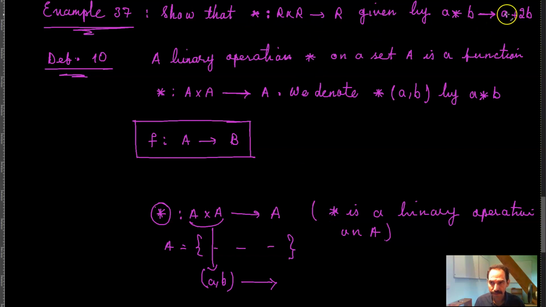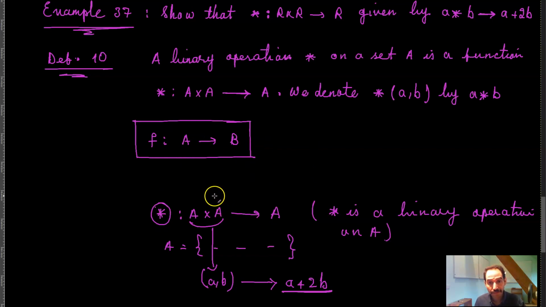For example, in this case it is A plus 2B, meaning that any A and B that you pick here, A is added to 2 times B, and that becomes the image of A comma B under this rule, right? So that is the whole story here.